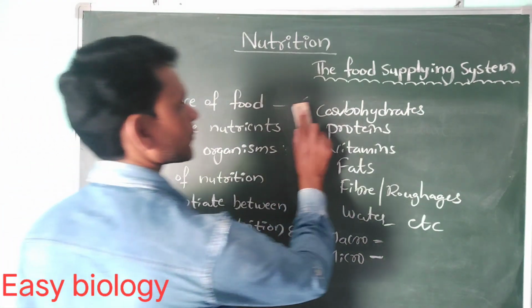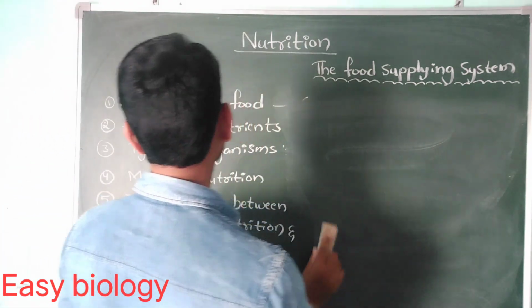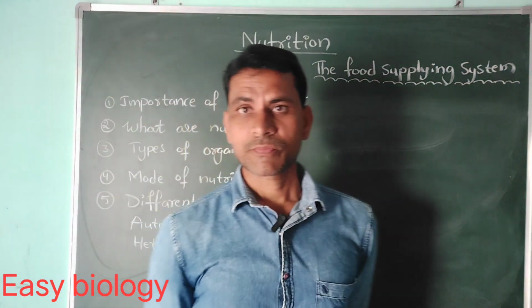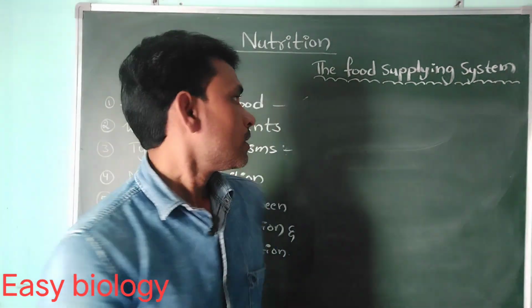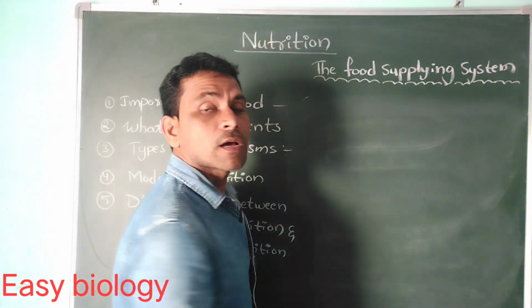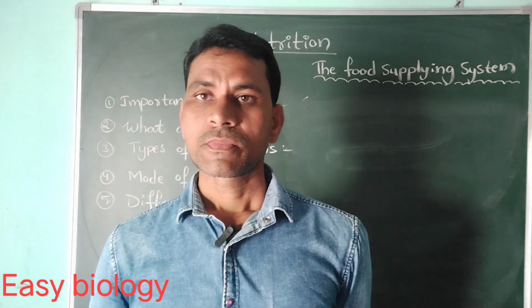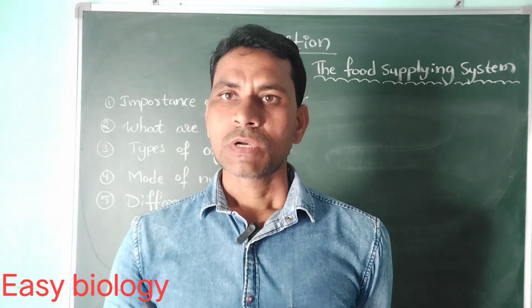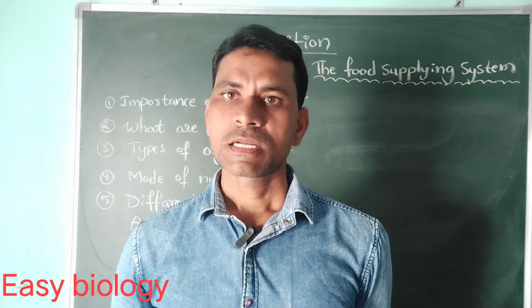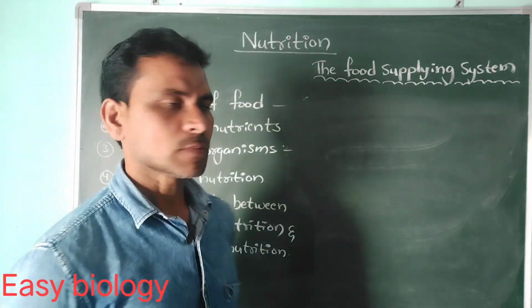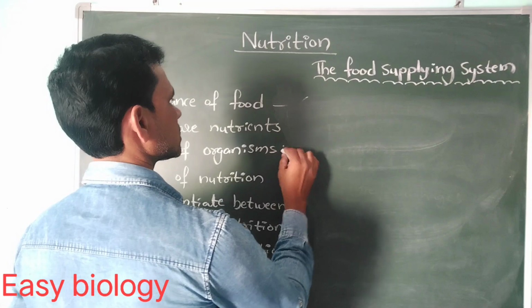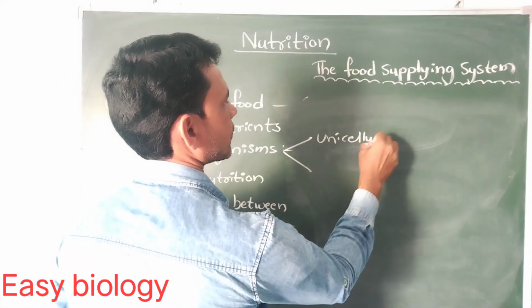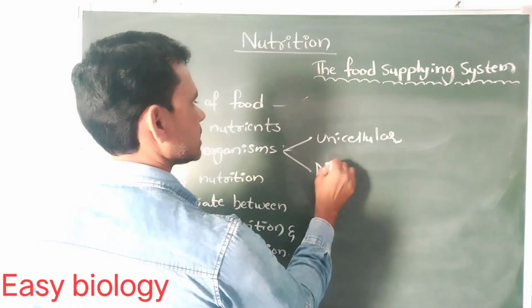Next topic is types of organisms. There are two types of organisms: unicellular and multicellular.